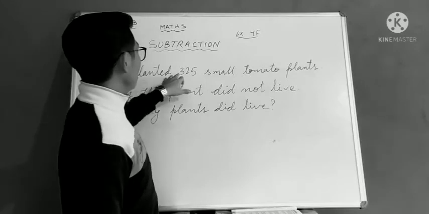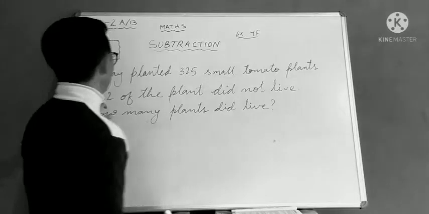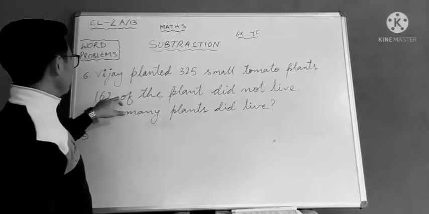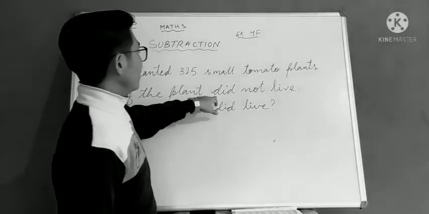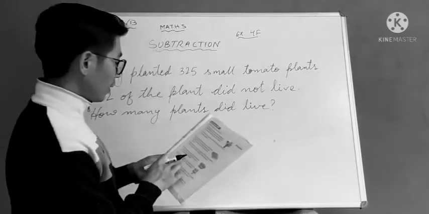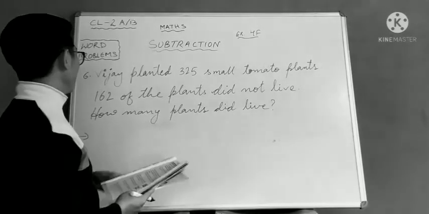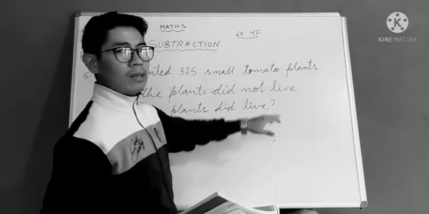Vijaya planted 325 small tomato plants. 162 of the plants did not live. So in question number 6, 162 of the plants did not live. How many plants did live?